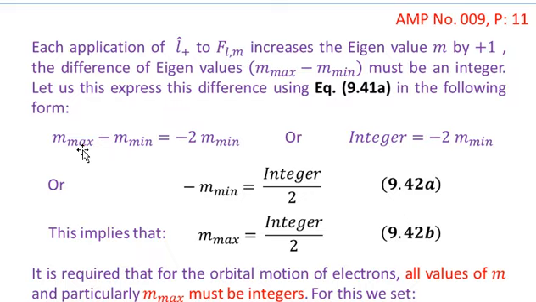So if you want to find m max minus m minimum, you can substitute the value of m max from the previous equation, and you will get minus 2 times m minimum.